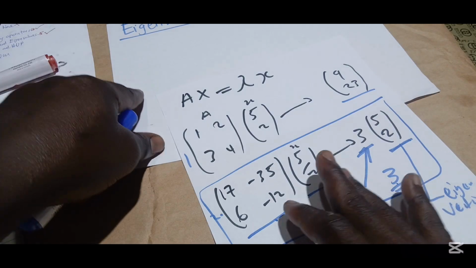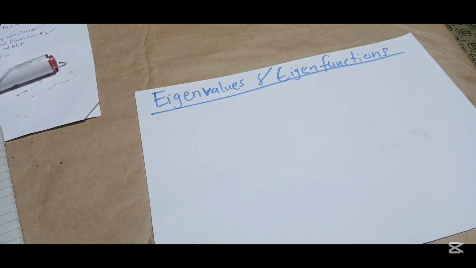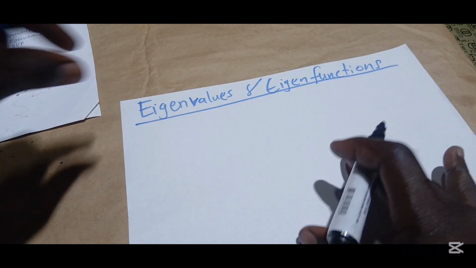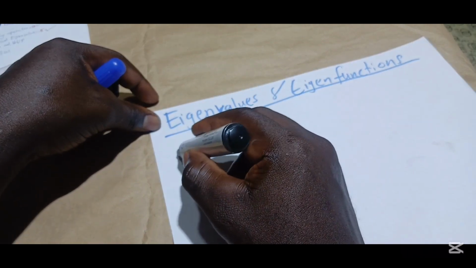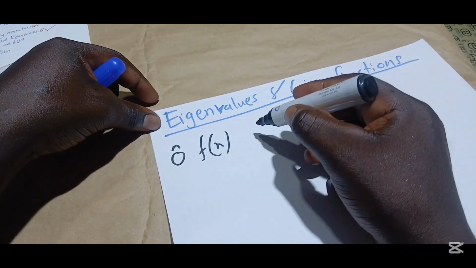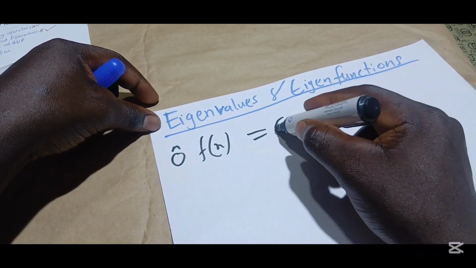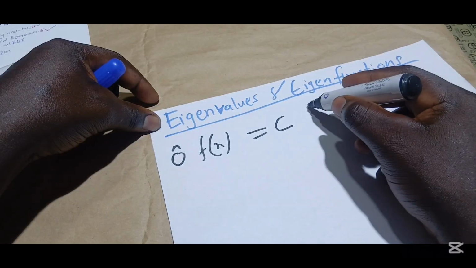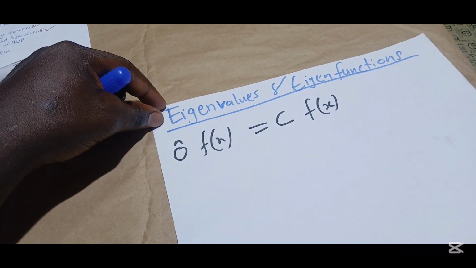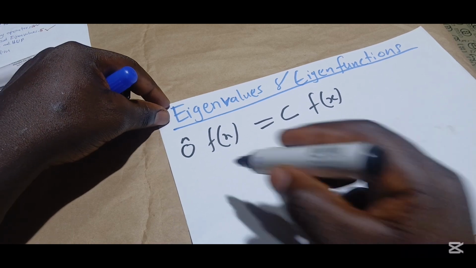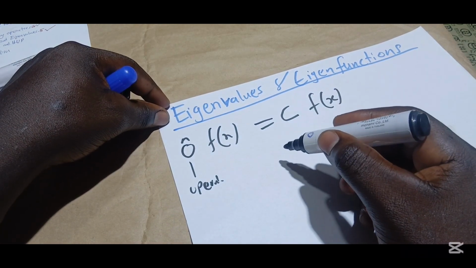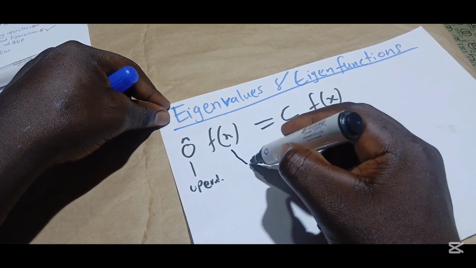Now let's go into details. If we have an operator O operating on a function f of x, and it gives us some constant times the same function, here this is our operator, this is our eigenfunction.